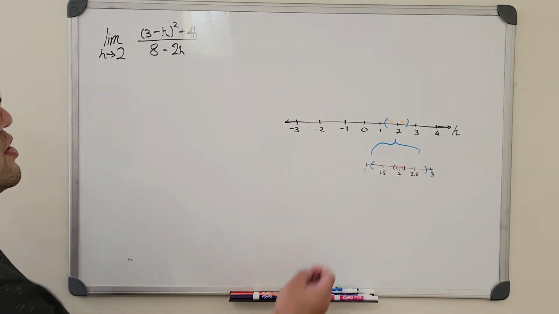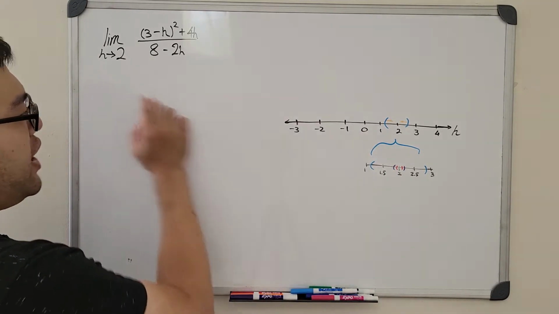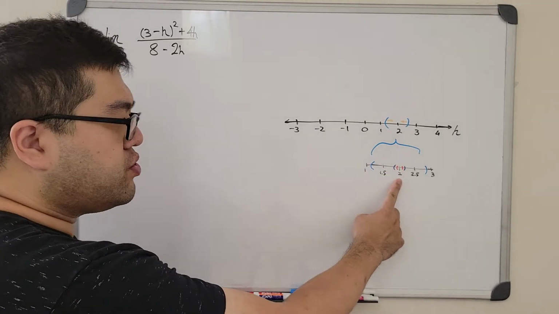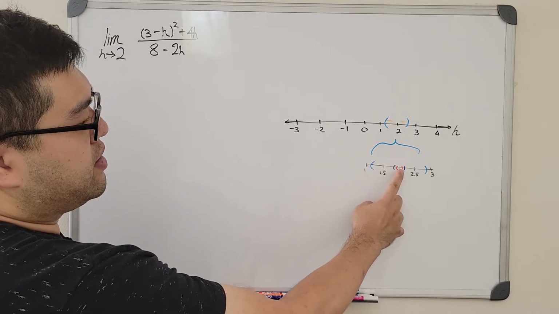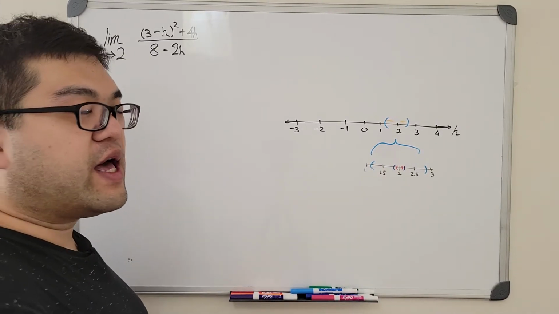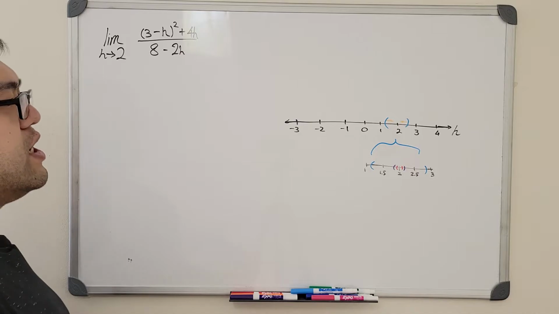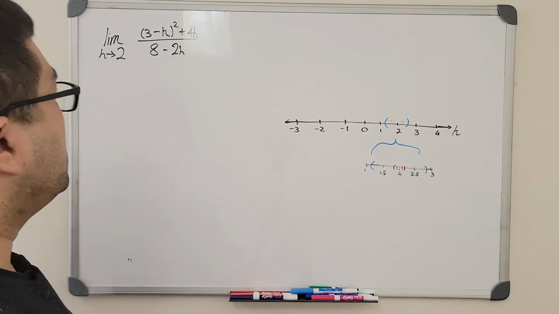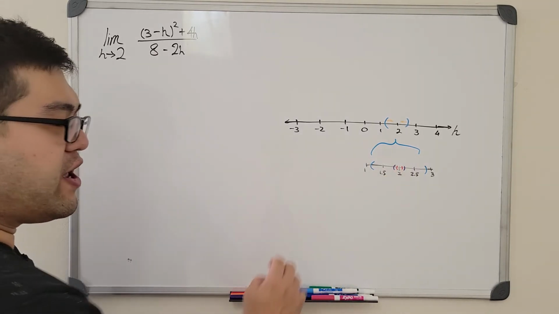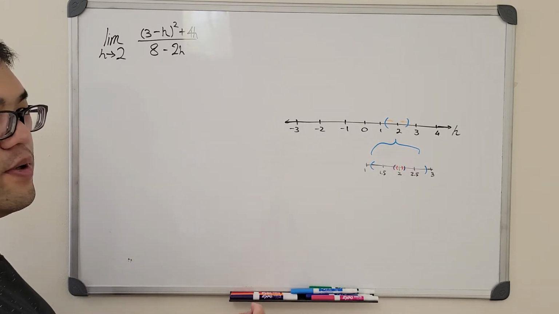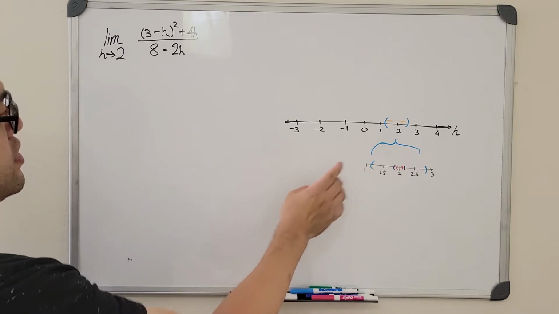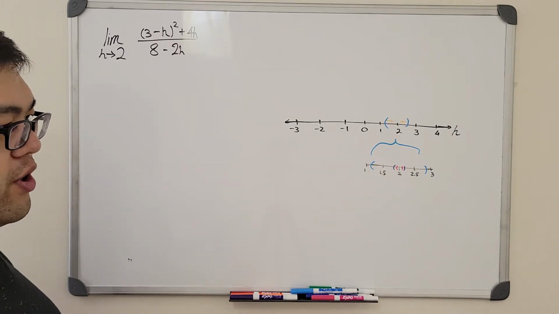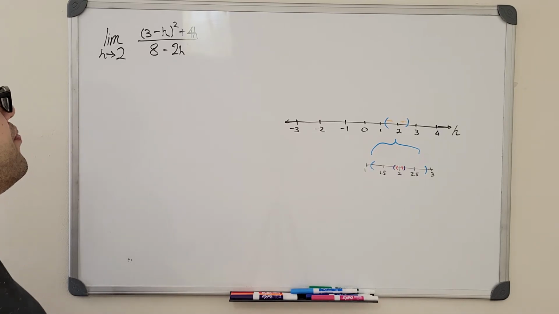So the difference between the h value we choose in the neighborhood and the actual number 2 is arbitrarily small, nearly 0.